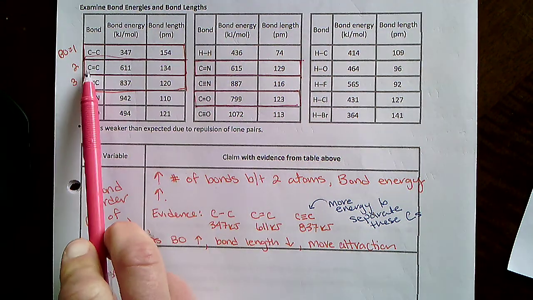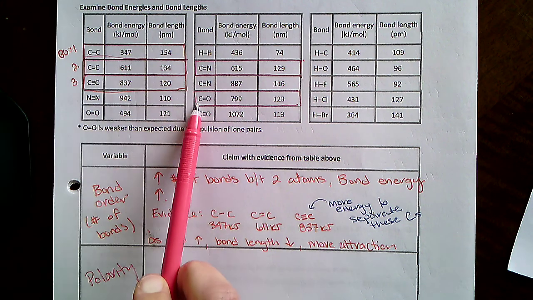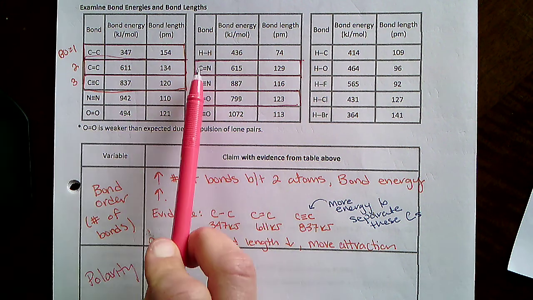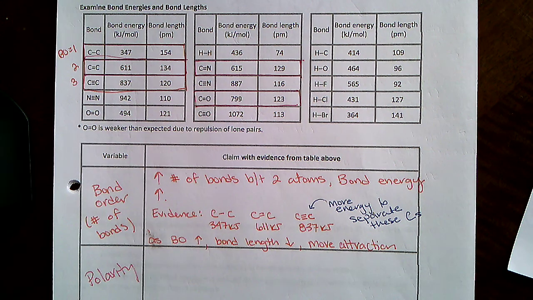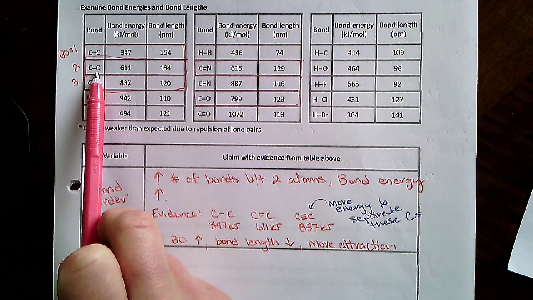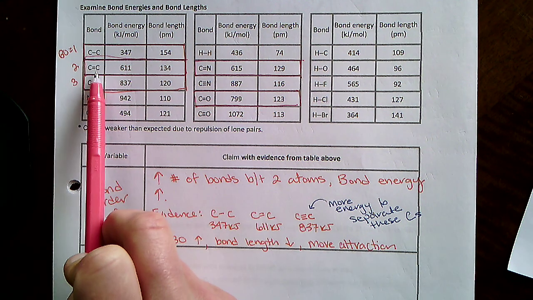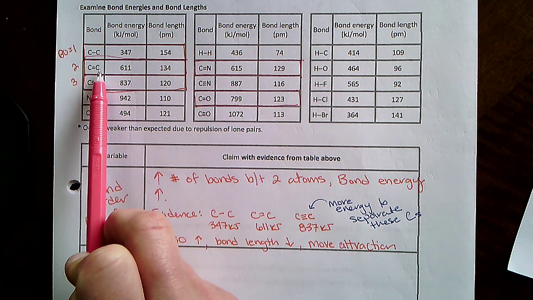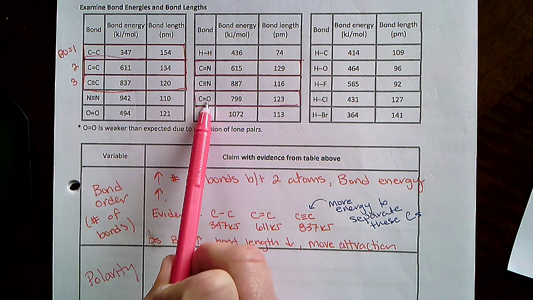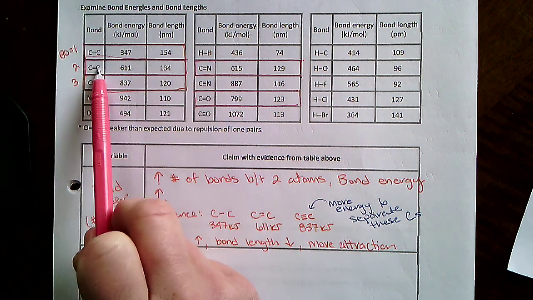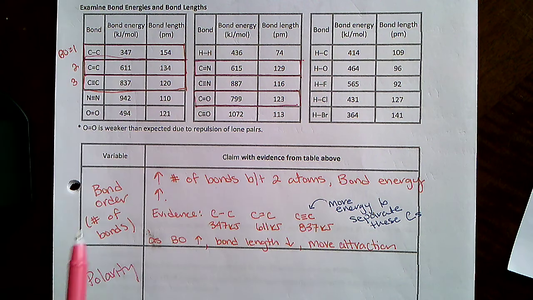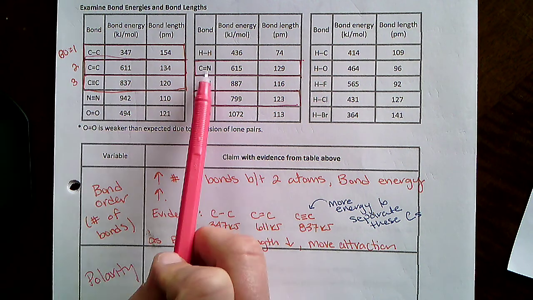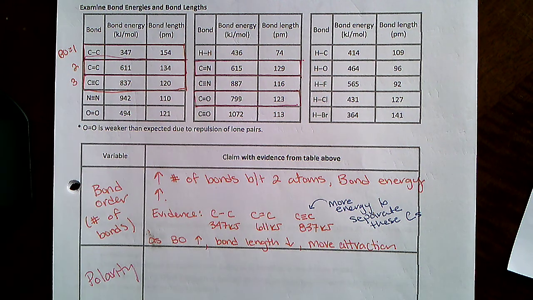So you're controlling for the first atom, they're all carbons. They're all double bonds, so you're controlling for bond order. And it's true that the radii is decreasing as you go to the right on the periodic table. So oxygen's a little bit smaller than nitrogen, a little bit smaller than carbon. But the bigger difference is going to be in electronegativity. That's the main effect since they're in the same row.